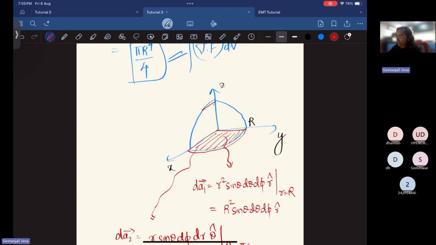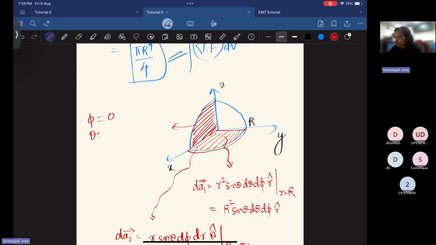The next surface we have is the left one. For this left surface, what is changing? Phi is constant, it is at 0.